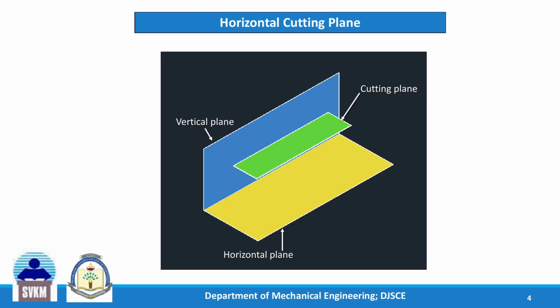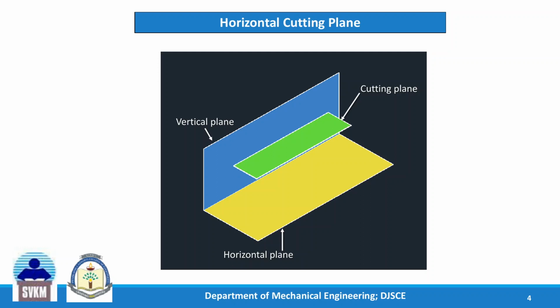Horizontal cutting plane, or cutting plane which is parallel to HP and perpendicular to VP. The cutting plane which we would be using for cutting the solid is parallel to HP and perpendicular to VP.